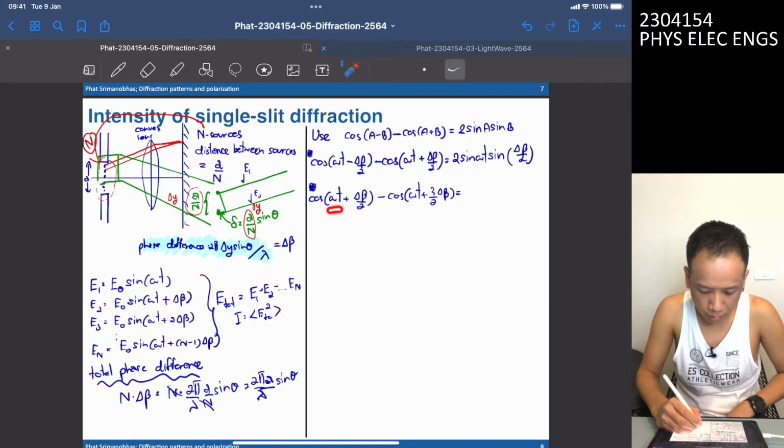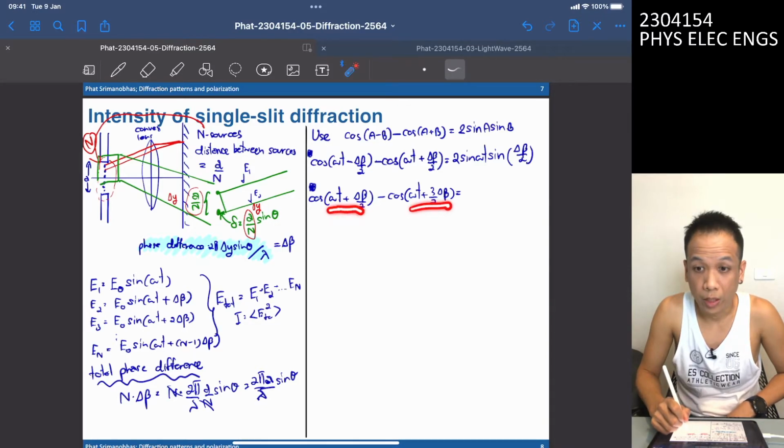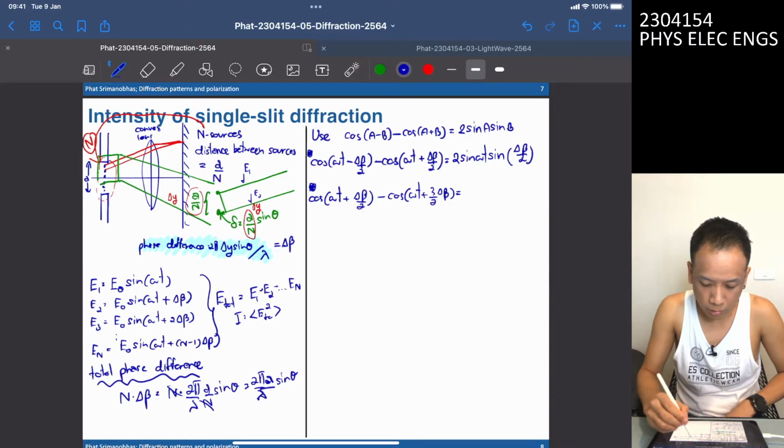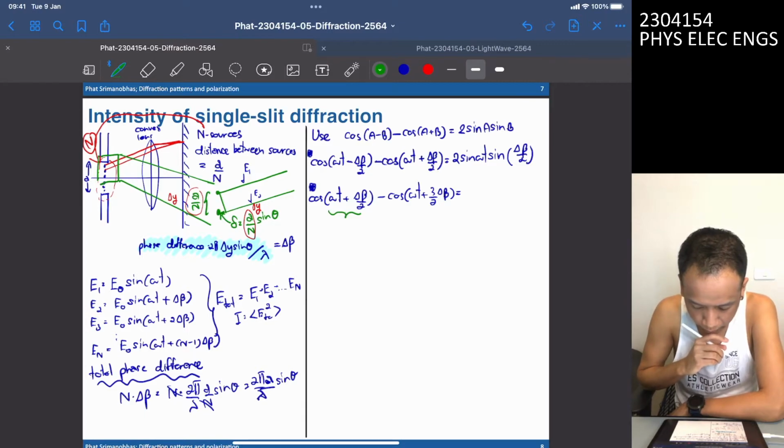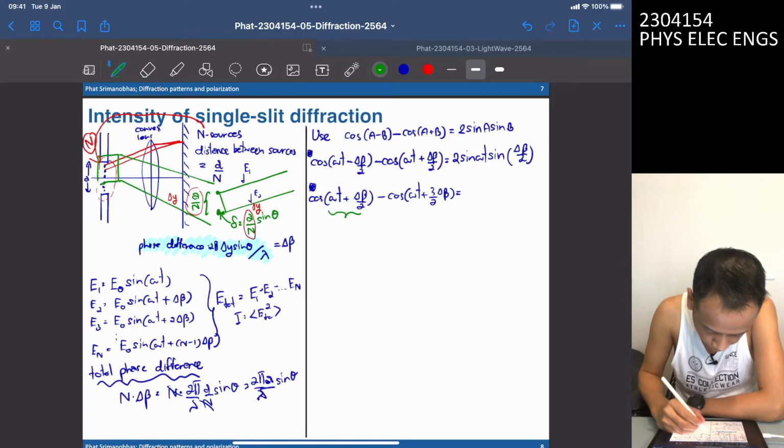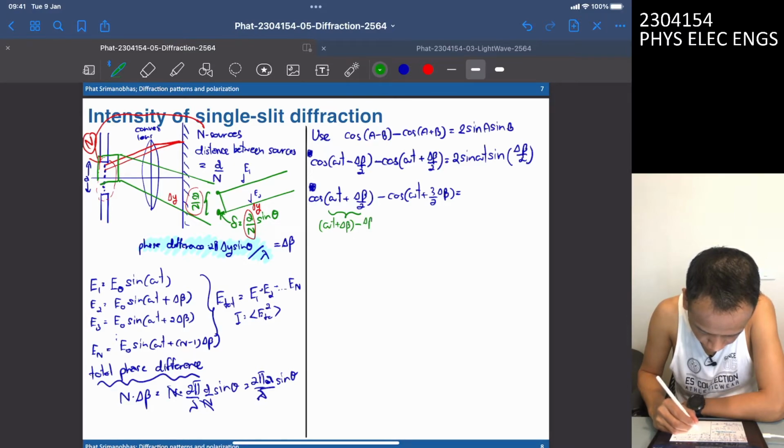This is not a and b, right? But look at these terms closely. What is it? It's omega t plus delta beta minus delta beta over 2.